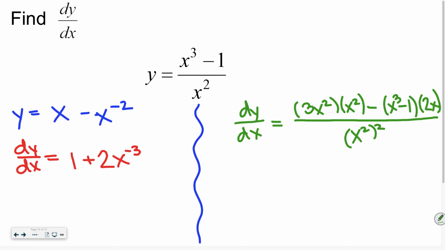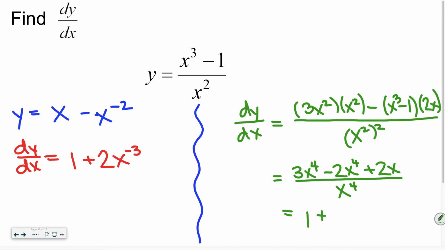What we have, and this would be fine, is 3x to the fourth minus 2x to the fourth plus 2x, all over x to the fourth. If we simplify this down, 3x to the fourth minus 2x to the fourth is x to the fourth, over x to the fourth is 1, plus 2x over x to the fourth is 2x to the negative third.